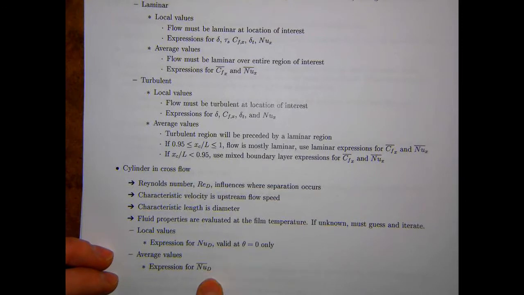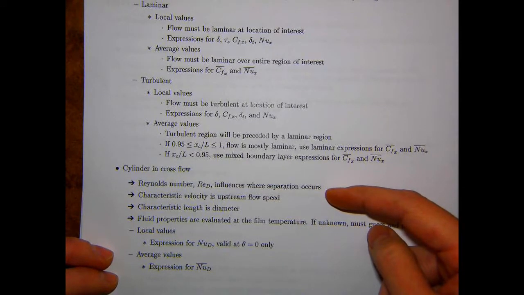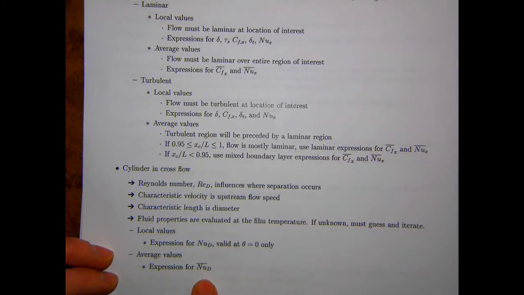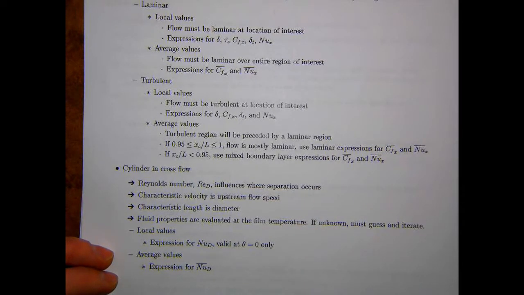These depend on the Reynolds number, so that is where the dependence on separation in the wake is incorporated. Unlike flow over a flat plate, you don't have to calculate a specific location and determine whether we've transitioned to turbulence yet. You just have one expression, and the Reynolds number is incorporated into both to account for that.